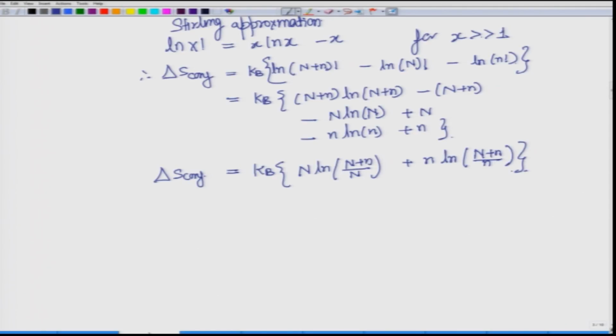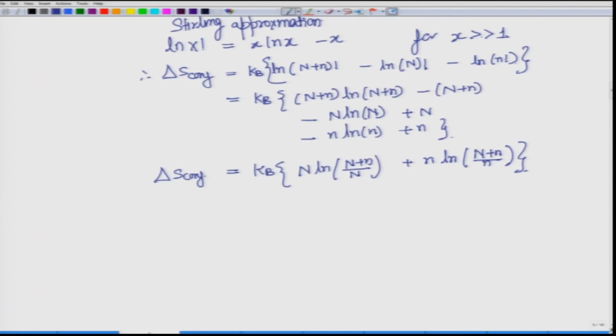So, this is the full form of delta S configuration which can be easily evaluated. Now, we do not have any factorials over here. In fact, now with what we have, we can even simplify it further.